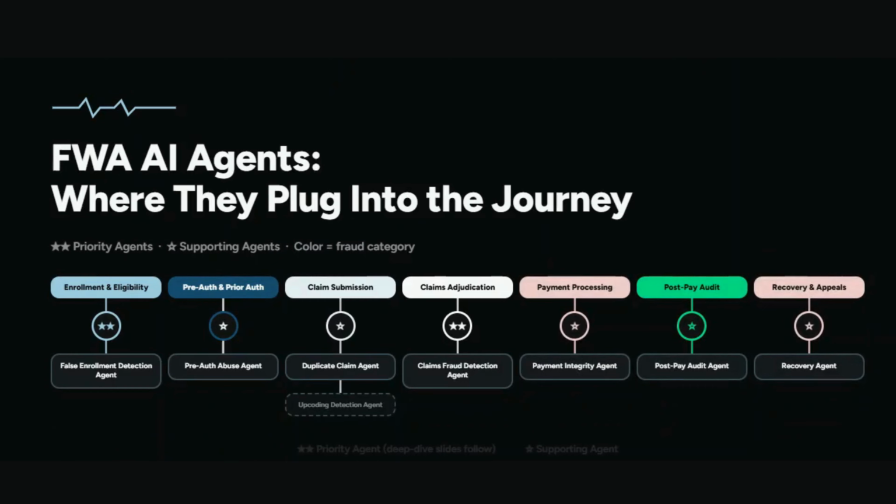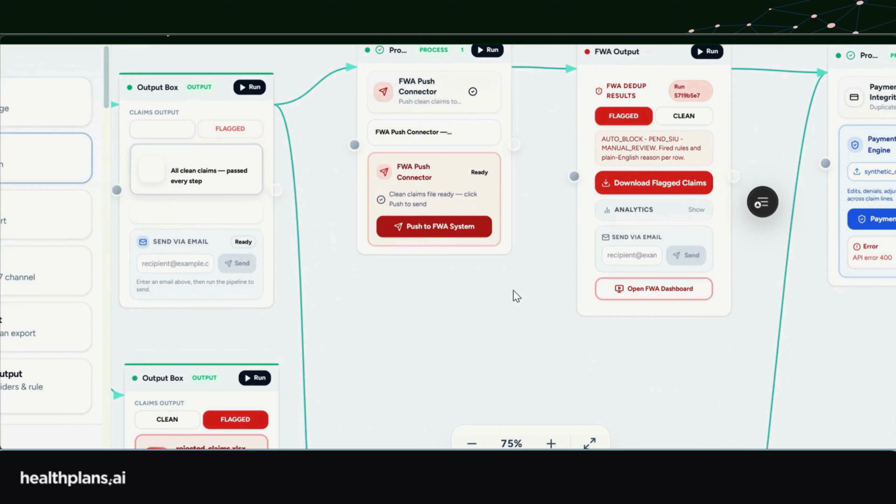Because every rule is benchmarked, every alert is explainable, and every finding is supported by actual claim data, organizations can move beyond reactive audits toward proactive payment integrity. That improves recovery rates while reducing investigation effort and false positives.